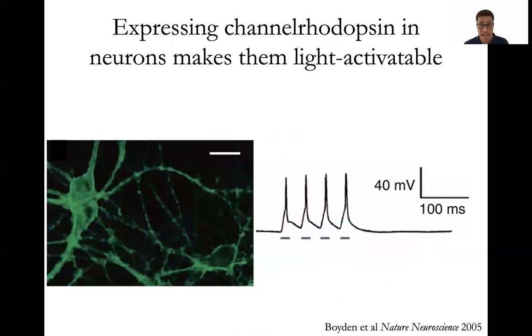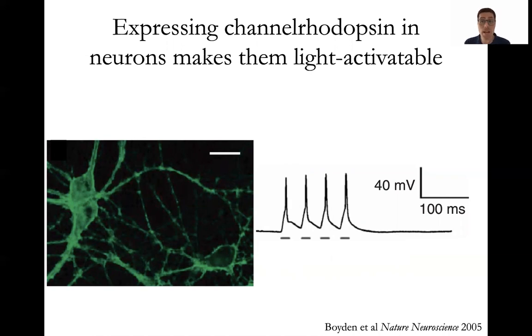So to show what that looks like, here I've shown again this classic example from Ed Boyden when he was in Carl Deisseroth's lab, in a Nature Neuroscience paper in 2005. In this paper, they expressed channelrhodopsin, as shown in this picture, in cultured hippocampal neurons.